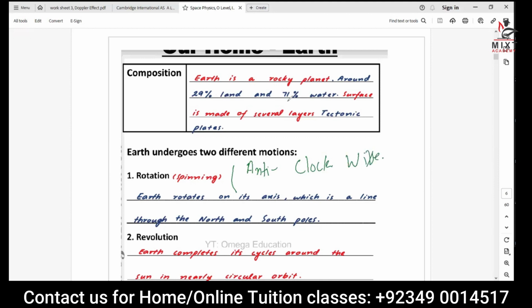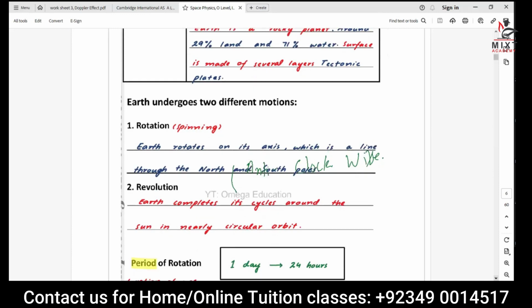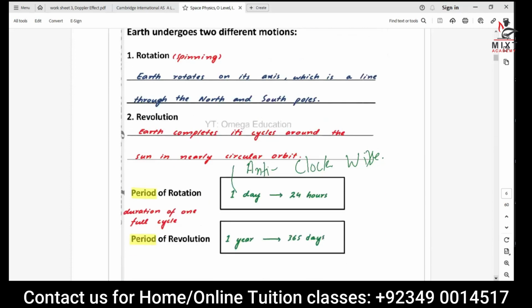Okay. Other than spinning, its revolution, its revolve. So as we know, Earth completes its cycle or revolution around the sun in nearly one calendar year. Here there is some information, students. The period of rotation of Earth is 1 day, 24 hours.